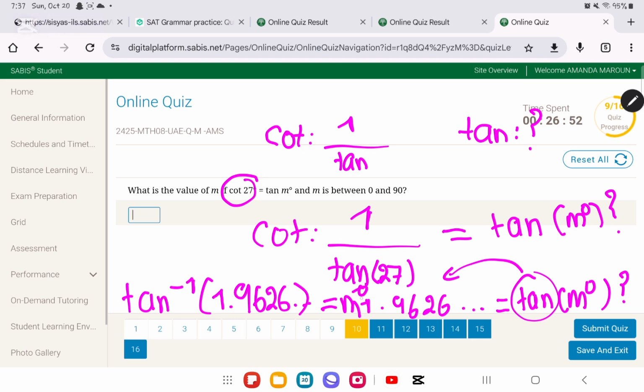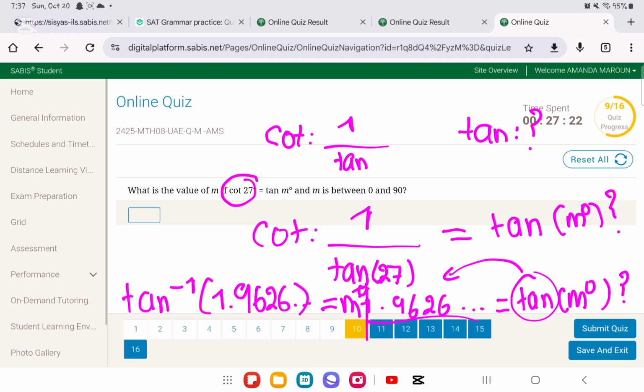Again, I will repeat: we found that 1 over tangent 27 is 1.9626, and it is equal to the tangent of the angle. To find the angle, we move tangent to the other side. If on this side it is tangent, on the other side it becomes inverse of tangent. It doesn't become over tangent, no.